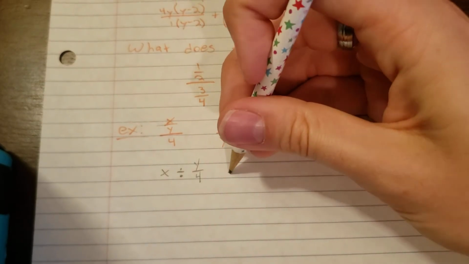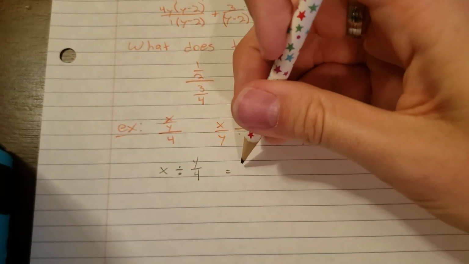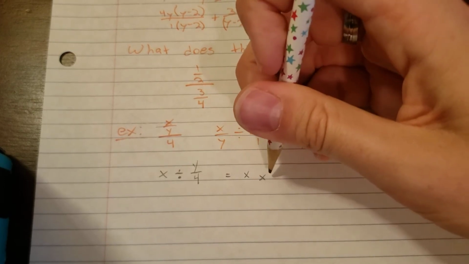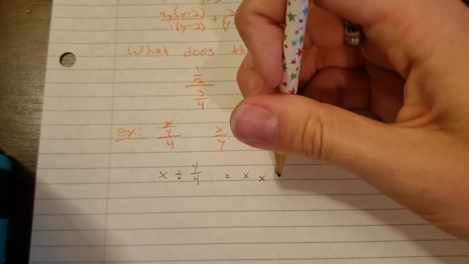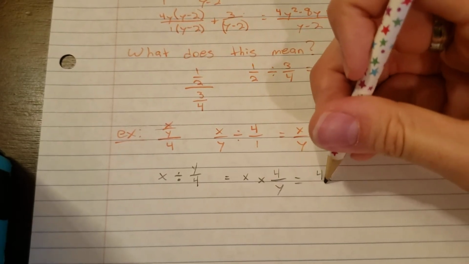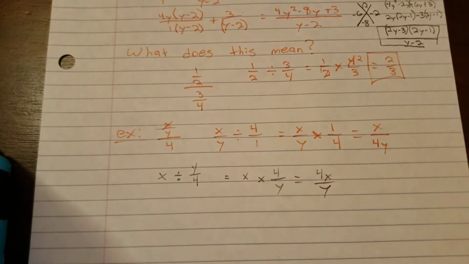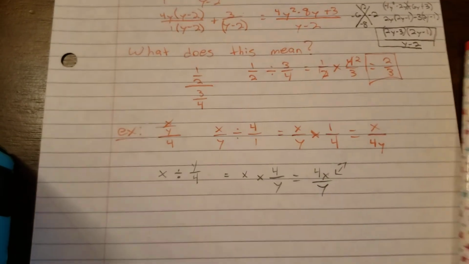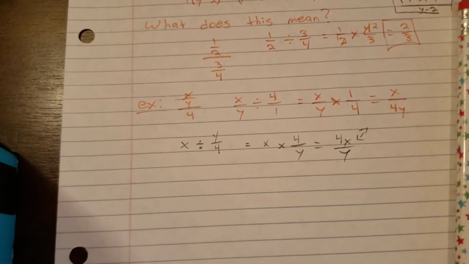That equals x times 4 over y, which would be 4x over y. That seems contradictory. So let me see what the book has to say.